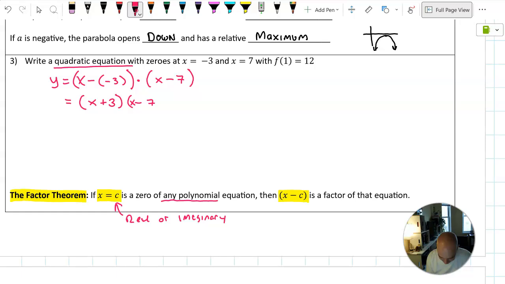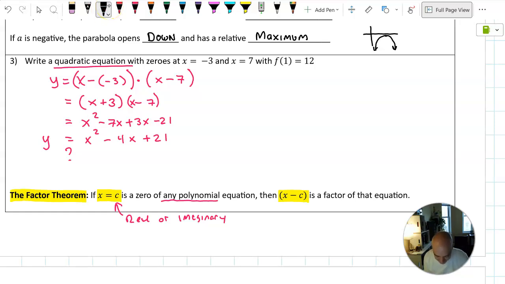And, oh, there's an x. Let's multiply it all together. So that's going to be x squared minus 7x plus 3x minus 21. All right, now this might work. We'll say y equals, but here's the thing.